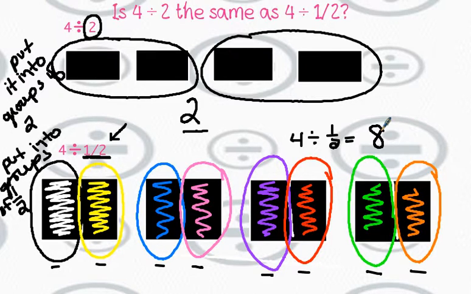And the reason my number got bigger is because the size of the pieces that make up a group got smaller. Here, 2 whole pieces made 1 group, whereas here, a half of a piece makes one group. Well, I have more halves than I do wholes. So that's why my number is getting bigger, because the size of my pieces to make a group is getting smaller.